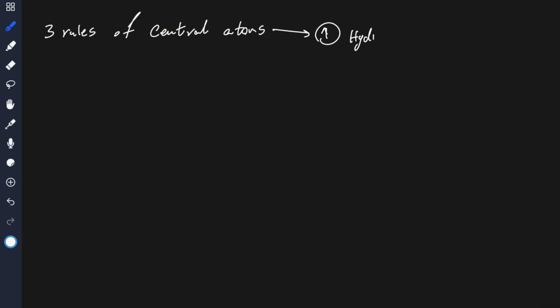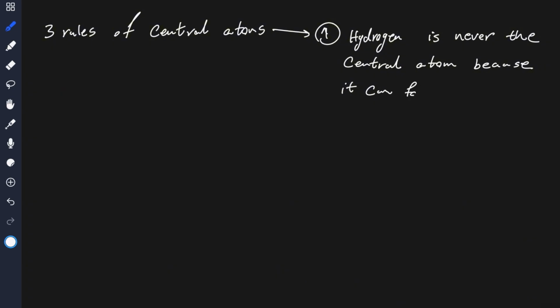Hydrogen is never the central atom. For what? Because it can form only one bond.